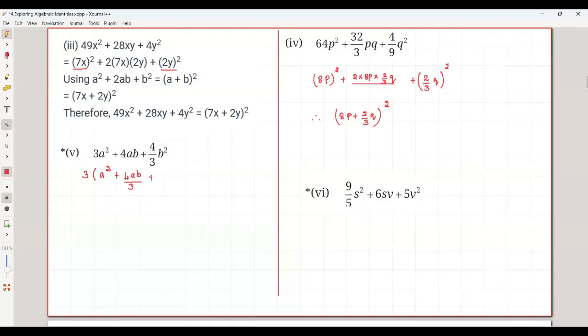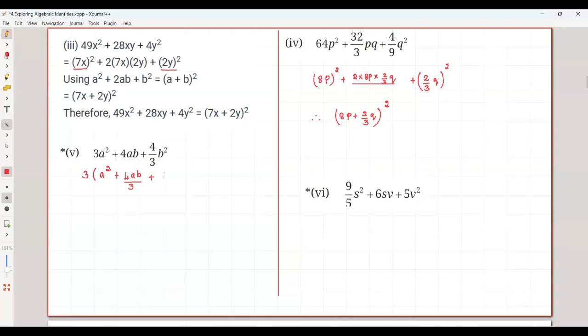Now here 4 by 3 is there, right? If I take 3 outside, what has to come? There is no 3 in the numerator, so 3 should be written in the denominator.